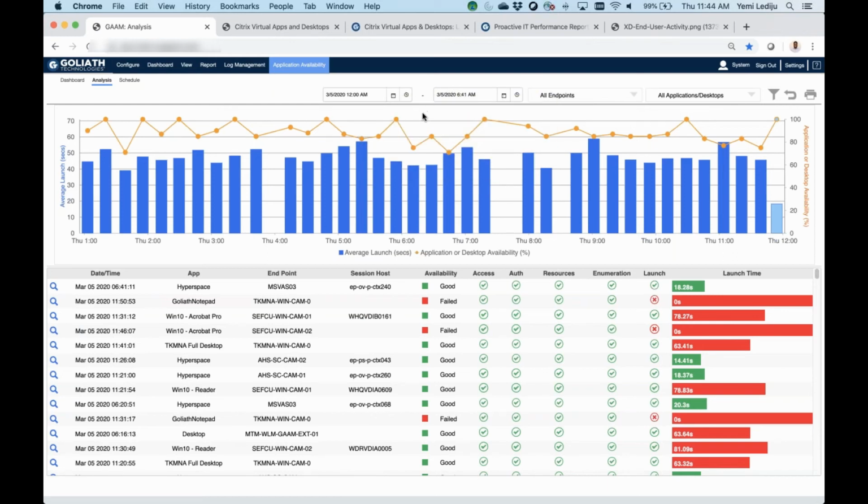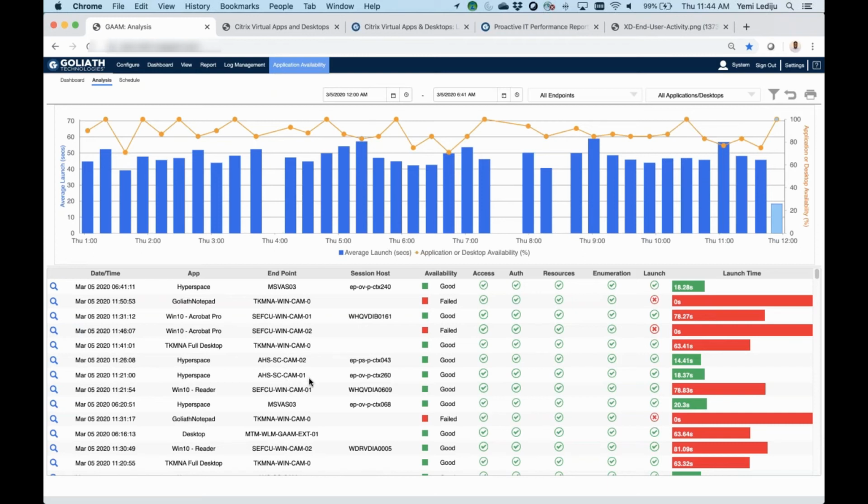In this case, this customer had the ability to filter based on date range and send out weekly reports to management showing what availability looks like for Citrix and for VMware. They're able to filter based on the locations they're launching applications from, and even based on the applications and desktops they were launching.